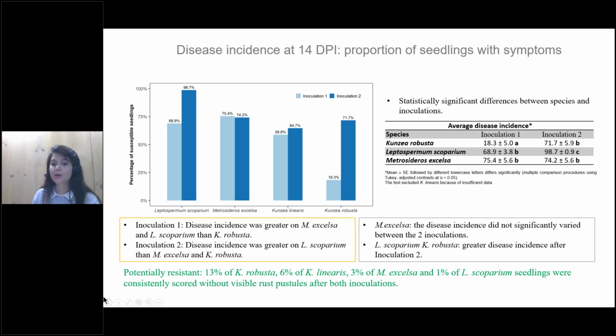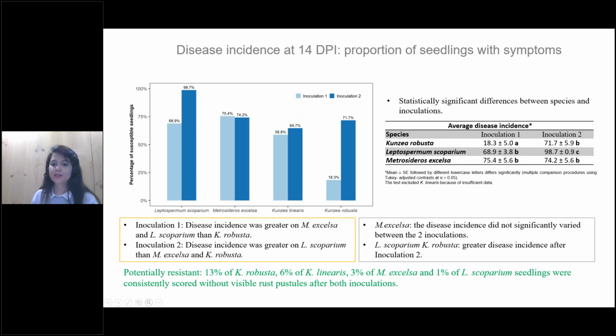These differences were confirmed by a multiple comparison test for at least 3 of the species. We could not include Kunzea linearis in this test because of the insufficient data available.